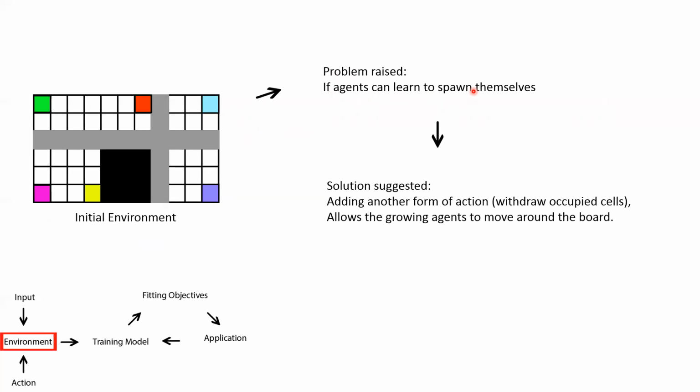So a solution was suggested by HDR, which is adding another form of action, the withdrawal. So the agents can grow and move along inside of the board, so that I can have preset spawn positions for the agents, and it wouldn't affect the final results.